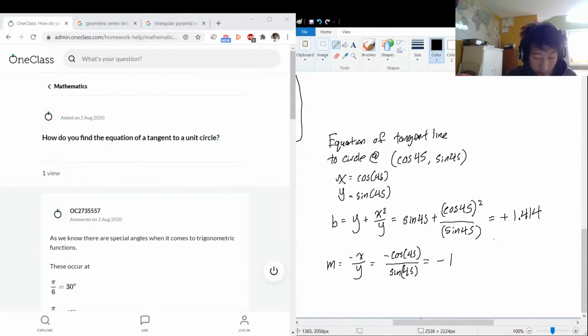So our final equation for our slope is y equals mx plus b. So the tangent line equation at the point cos 45, sine 45.